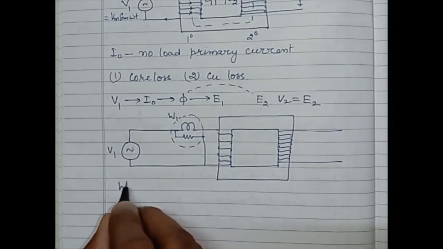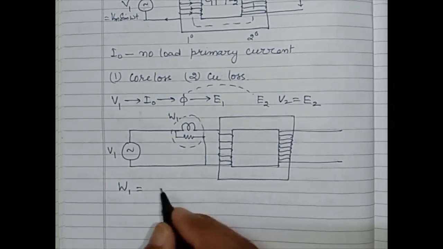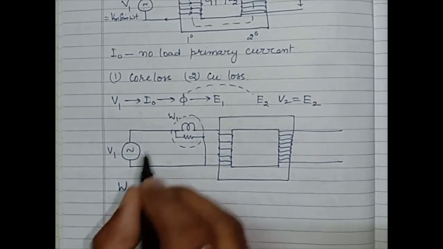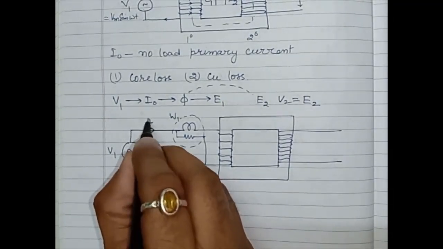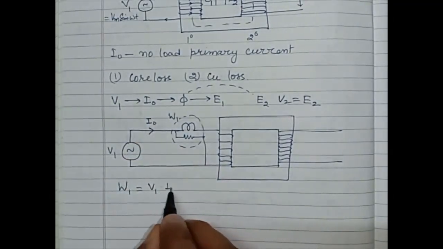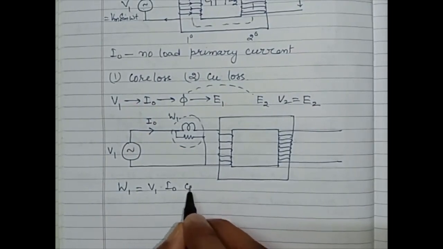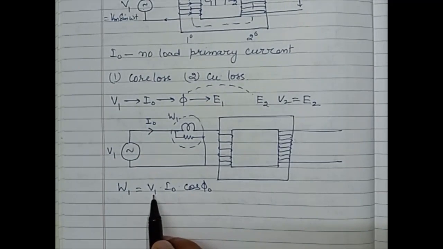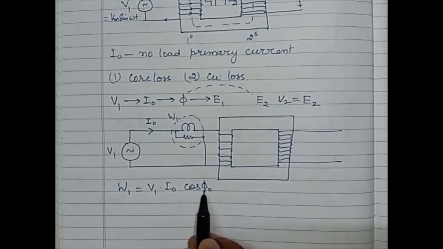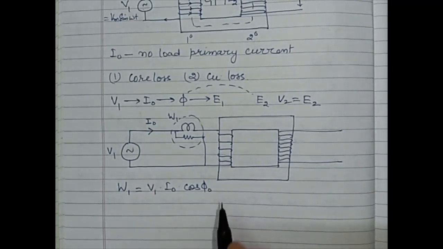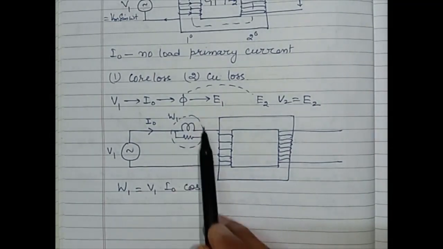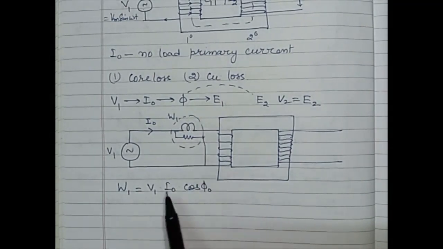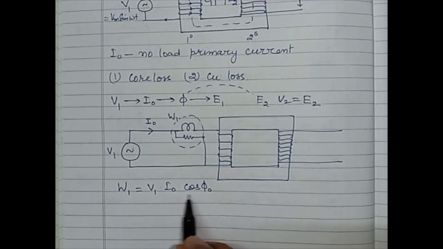It means W1 is going to read V1 I naught cos phi naught, where V1 is the applied voltage, I naught is the no load current, and cos phi naught is the no load power factor of the transformer. So this wattmeter W1 reads the no load input power.